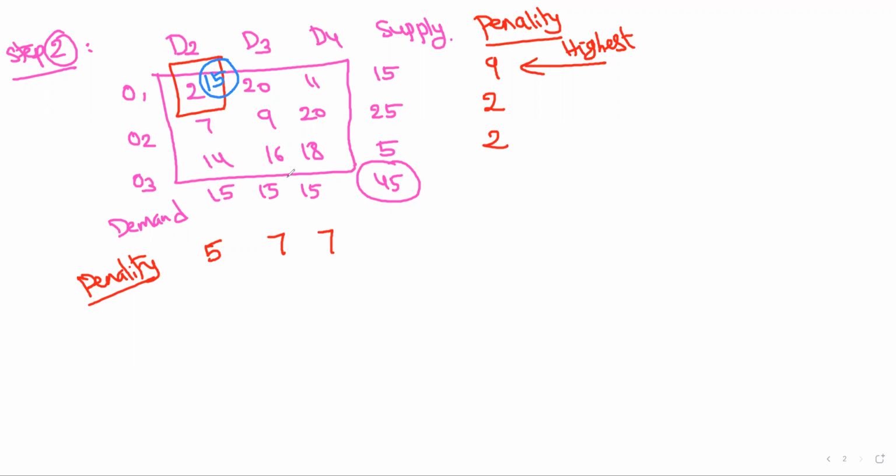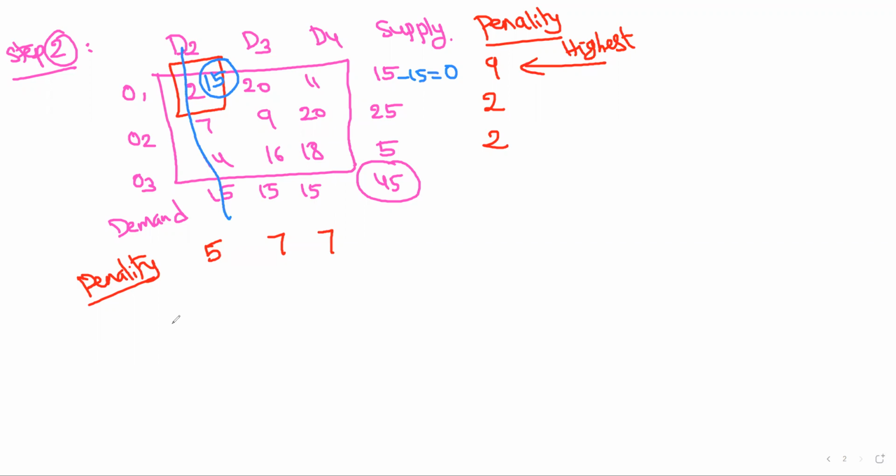Don't cancel both at a time. That is our wish, but don't cancel both. Here I'm cancelling only one, the 15. 15 minus 15 is 0, so D2 is cancelled.